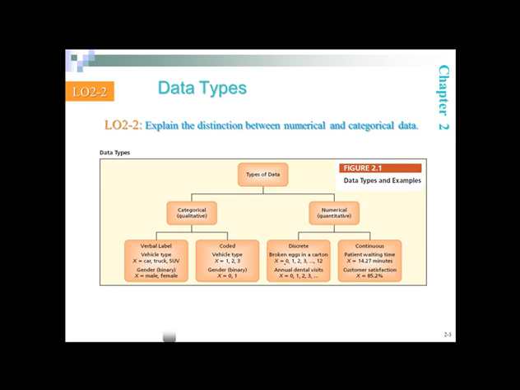I'm not going to go into it in too much detail, but we will use both of these types considerably, especially the quantitative types over here. And it turns out there are two types of quantitative variables, or data, that we're really going to focus on. The first one is what we call discrete, and the other one is what we call continuous. And we'll talk more about what those things are a little bit later in class.